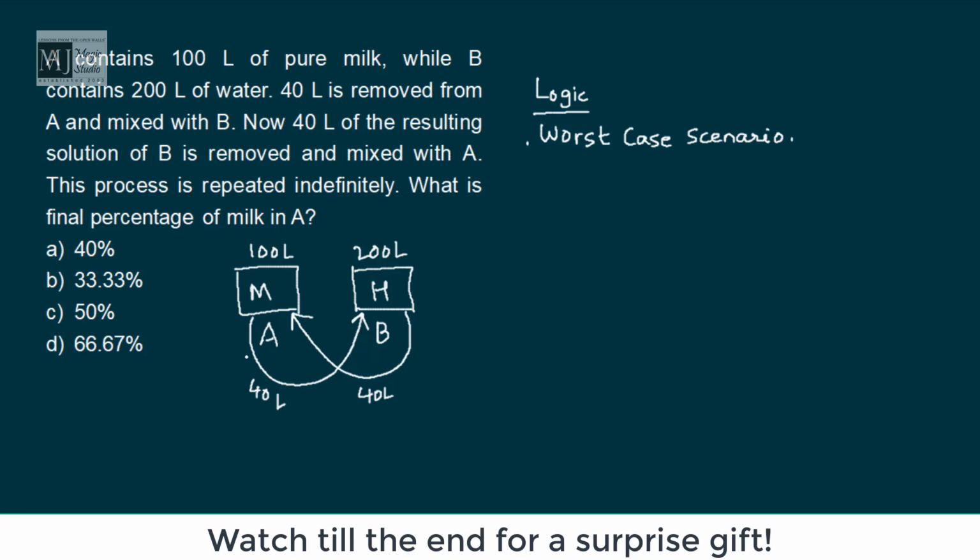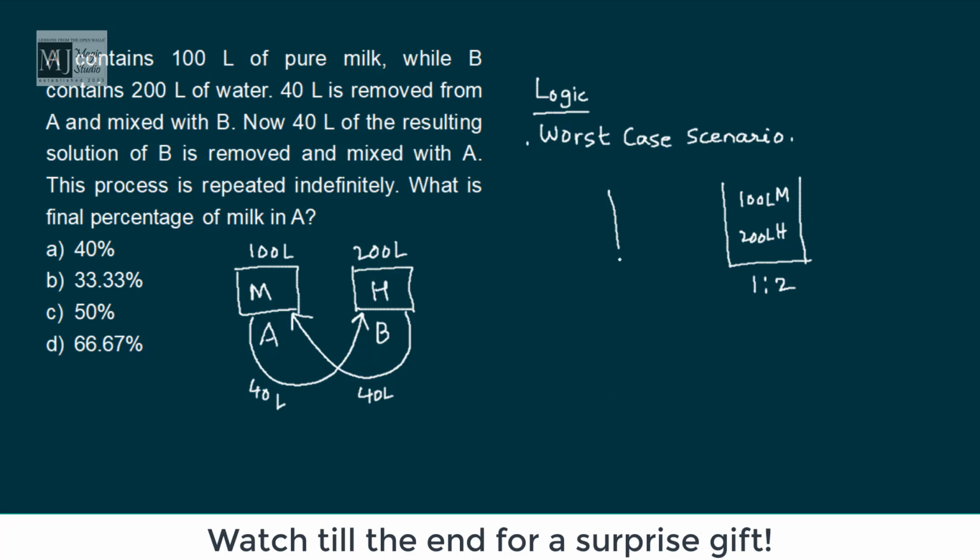Then if I transfer the entire 100 liters into jar B, then in jar B I'll have 100 liters of milk and 200 liters of water. That means milk and water would be in the ratio of 1:2.